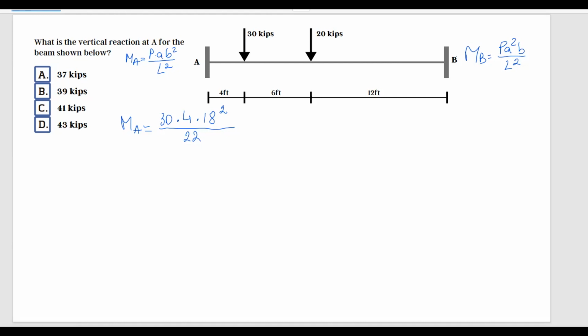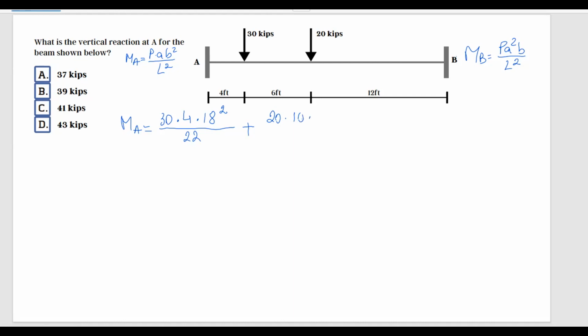So we're done with force number 1. Next, we're going to add to this moment force number 2. We're going to have 20 multiplied by, and now A is the distance from the force all the way to the support A, and it's going to be 10.